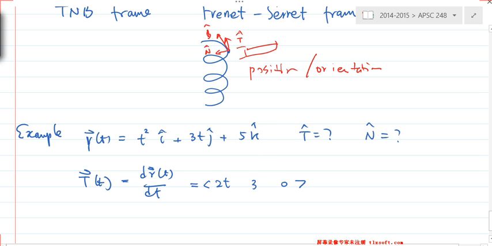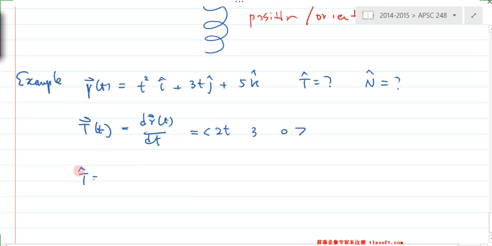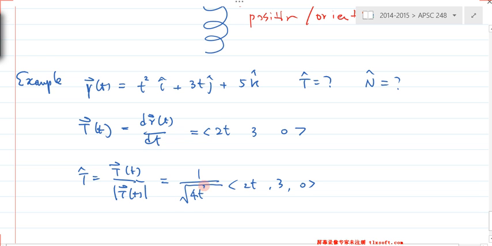Then T hat: to normalize this vector by its magnitude, the vector itself is like this, so nothing changed. Multiply by 1 over its magnitude, which is 1 over the square root of 4t squared plus 9. You can multiply this into the bracket, that's fine, but since it's a common factor, you can take it out of the bracket.